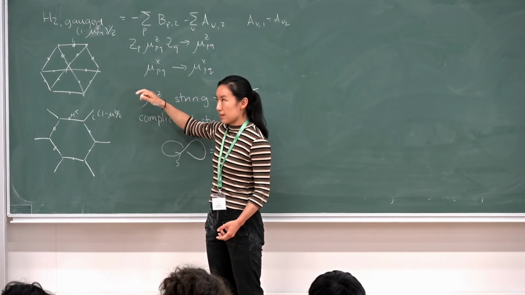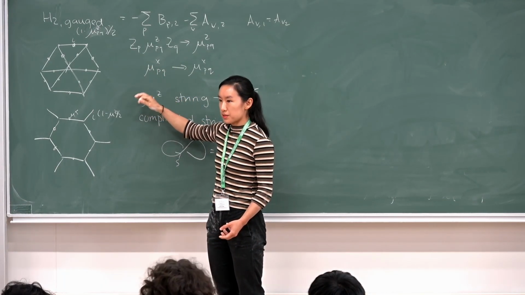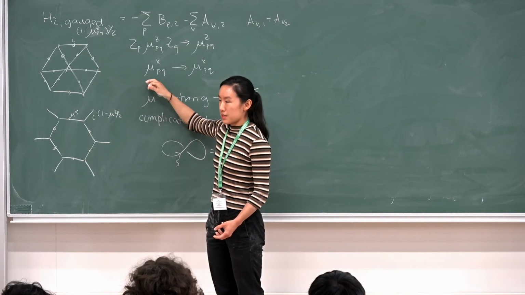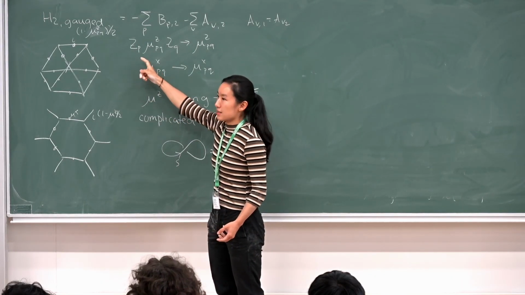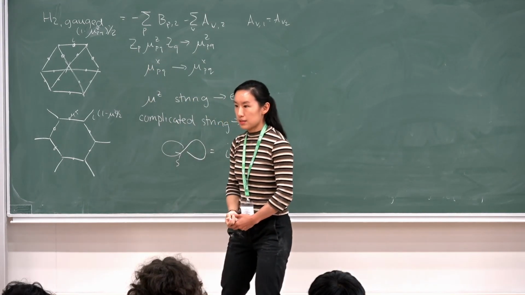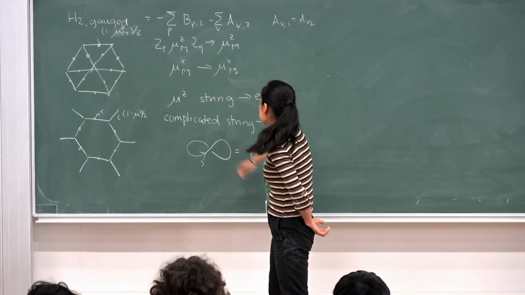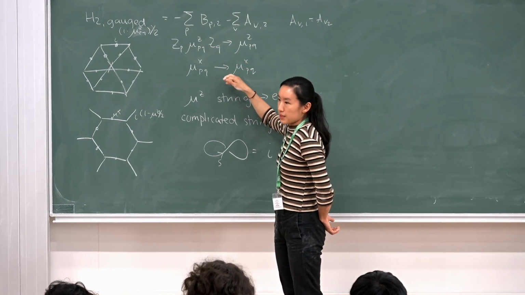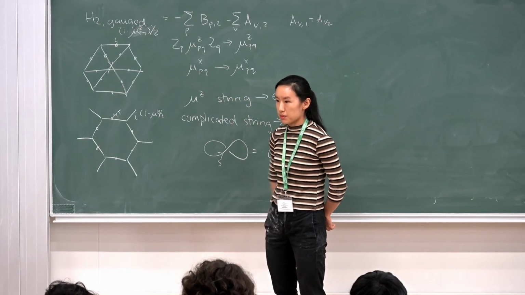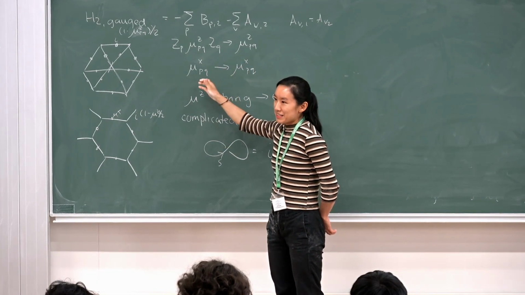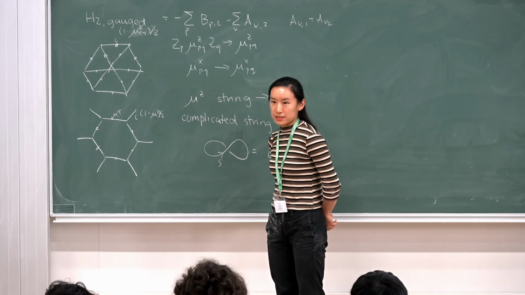You can also view this as a gauge choice where you've integrated out the matter. And so now you can just set these ZPs to 1 after doing that unitary rotation. But this is completely equivalent, right? Because all the commutation relations, everything is the same. So it's just a different frame that you're looking at the picture in.